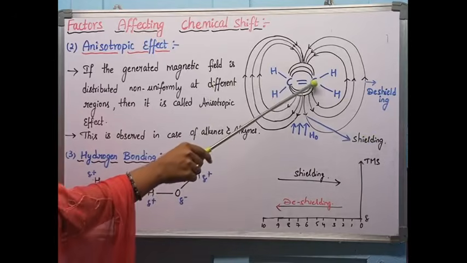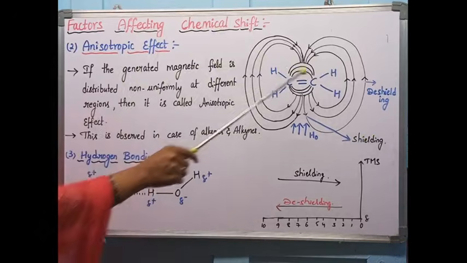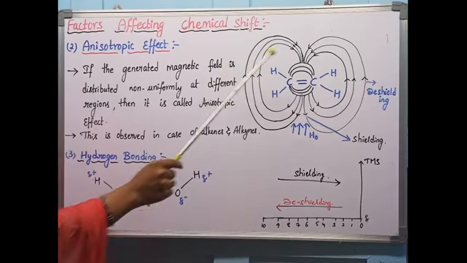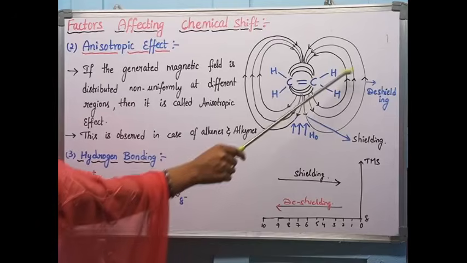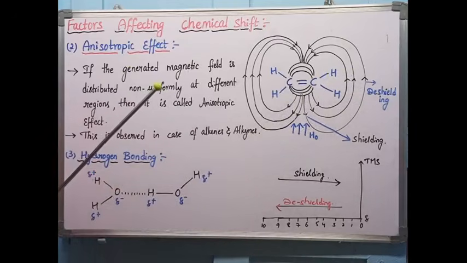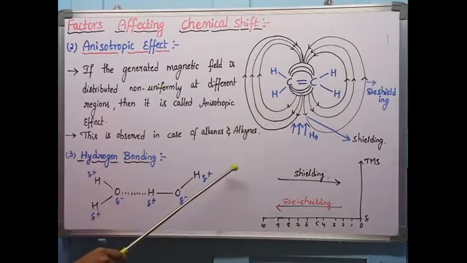And you can see these protons also have electrons and they generate a magnetic field. This magnetic field is in the same direction as the applied magnetic field. This is causing de-shielding. So in case of ethylene, the protons give de-shielding and shift the NMR signal to the downfield.